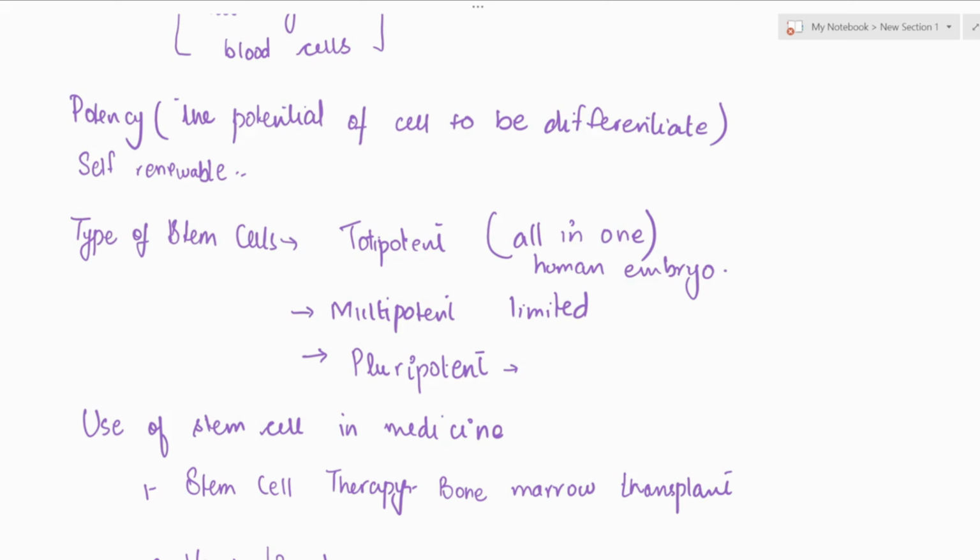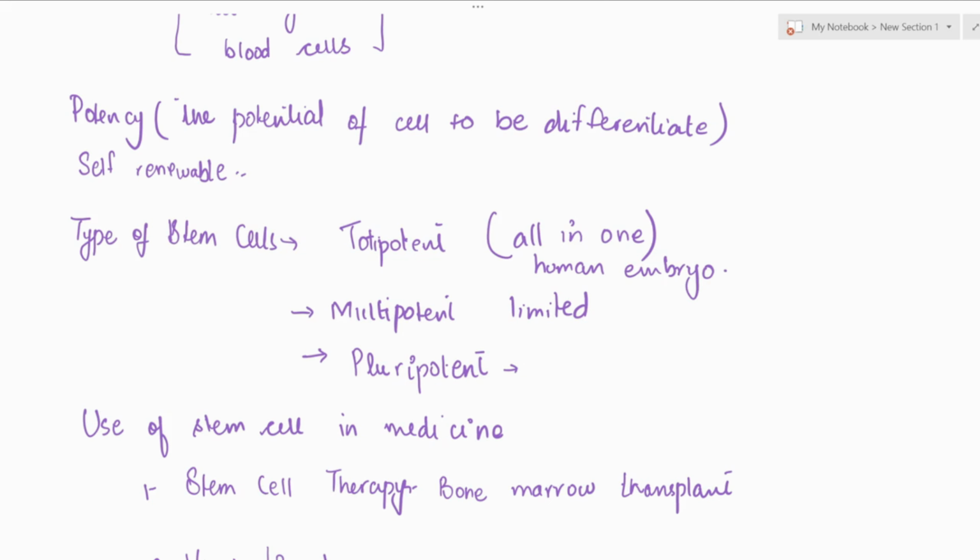Then multipotent cells are very limited. Like we can say the intestinal cells can only divide into intestinal cells, and lung cells can only divide into lung cells. That is multipotent.